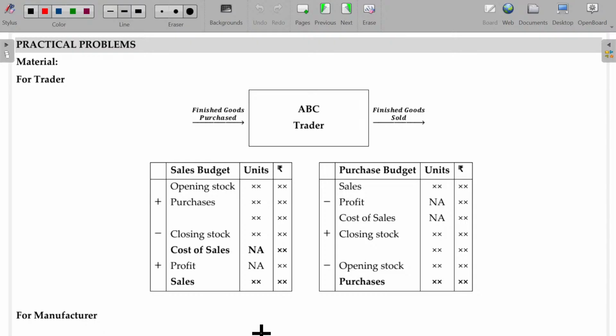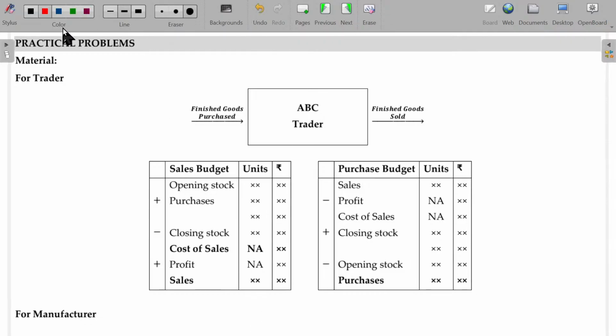How will you calculate the purchase or sales? In case of a trader, if you are asked to prepare the purchase budget, usually for the sales budget: opening stock plus purchases minus closing stock is what?